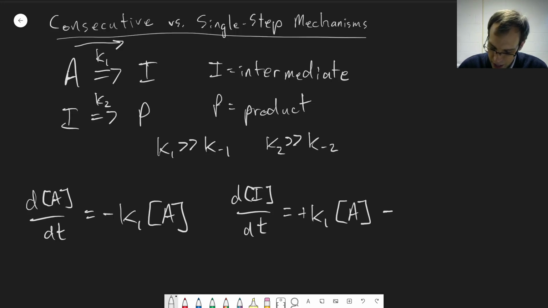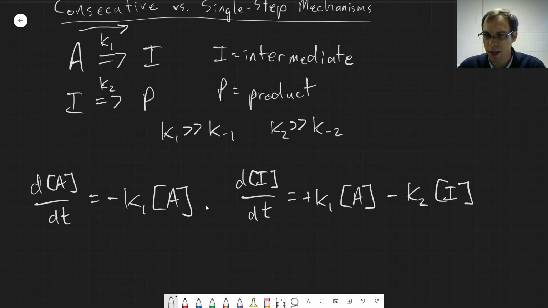And then we'll have a negative from reaction number 2, which depends on our second rate constant and on the concentration of I. So we have two different processes that occur for I. I can be produced by A turning into I, or I can disappear when it turns into the product.